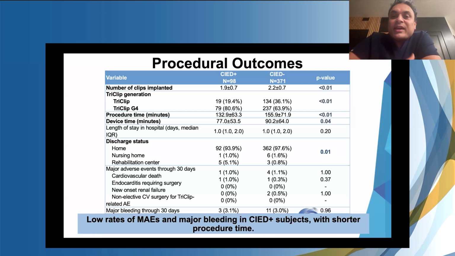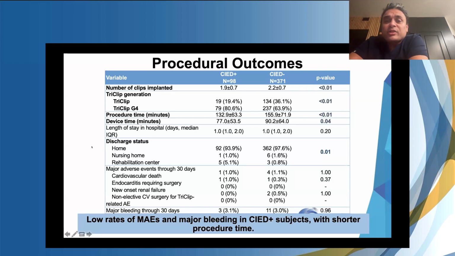The other reason might be that we started including more lead patients later on in the trial, so our experience got a little better. Or it could be atrial TR versus lead-induced TR. Atrial TR tends to have more clips, maybe a lot more area of regurgitation, and maybe the lead is localized, but we could talk about all that. There could be reasons for that. But the main point being, it didn't make it harder in terms of time and number of clips.